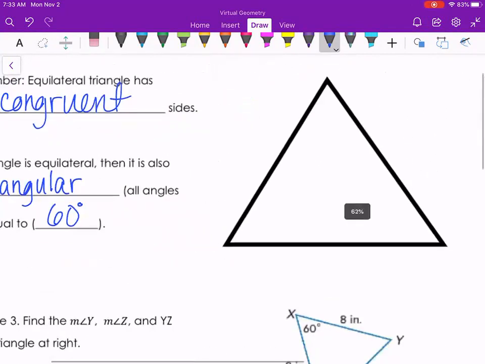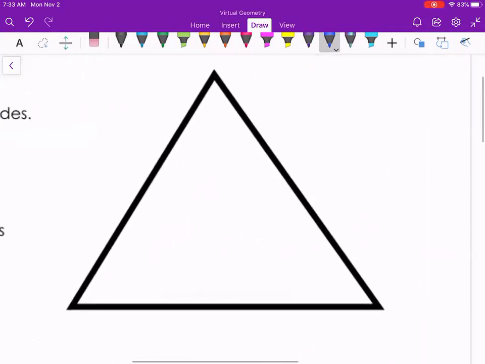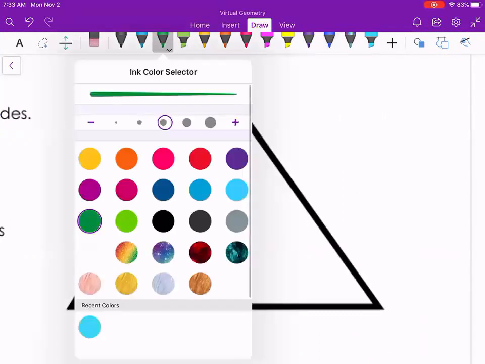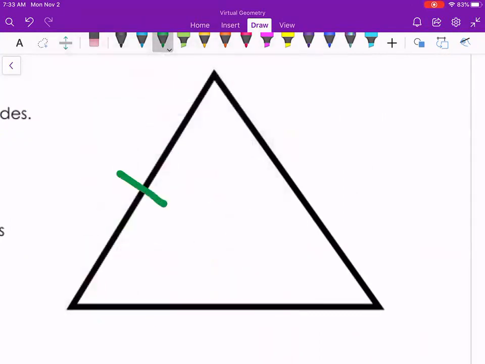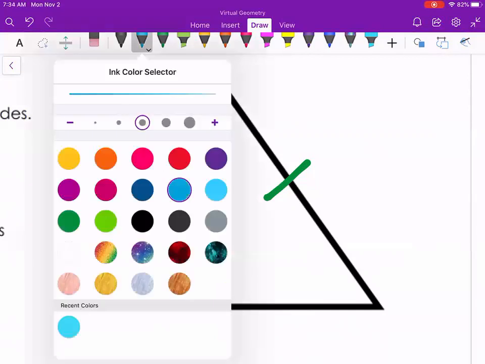So let's take that and apply it into this triangle that we have here. So if this is supposed to be my equilateral triangle, then all 3 sides are the same. They don't have names. They're just all 3 congruent. We don't have legs in this one. And because it's equilateral, I also get 3 congruent angles.